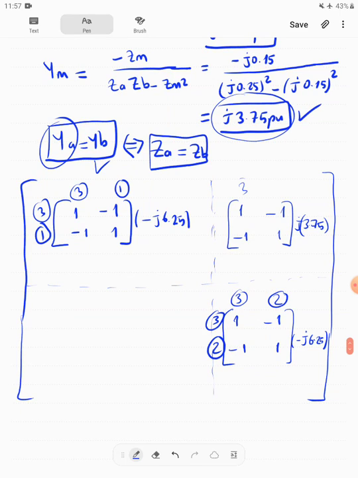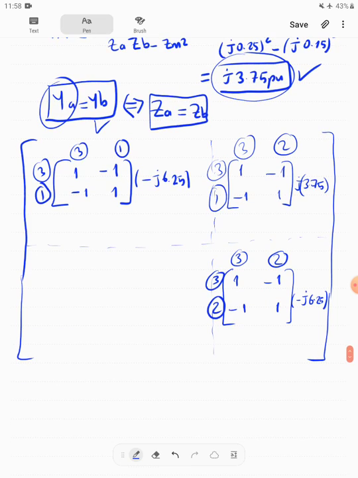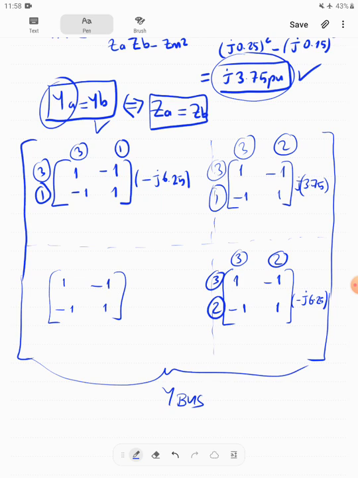So 3 2, 3 1. And also, in order to fill this empty region in this Y bus, because this is the Y bus of my overall system, again we are writing 1 minus 1 minus 1 1, which is multiplied by Ym, j 3.75.